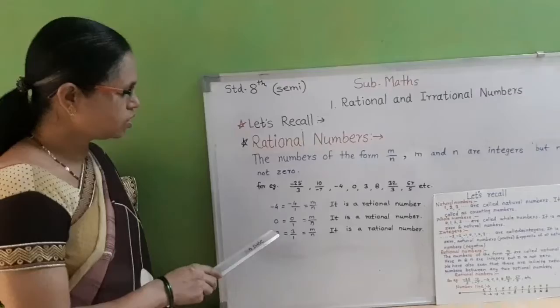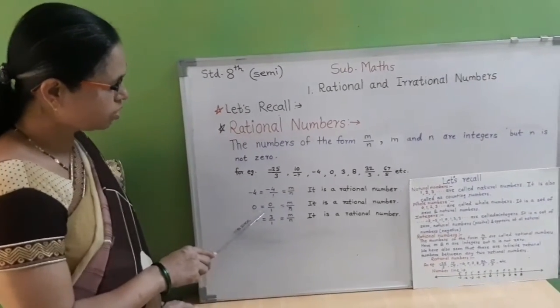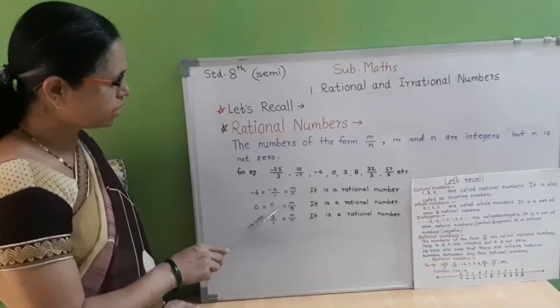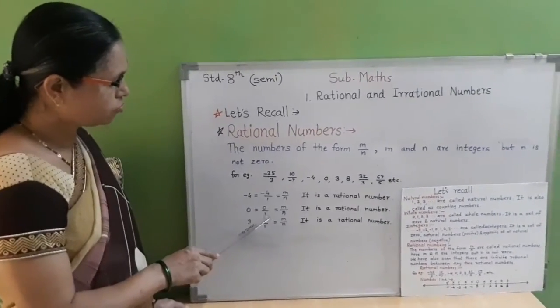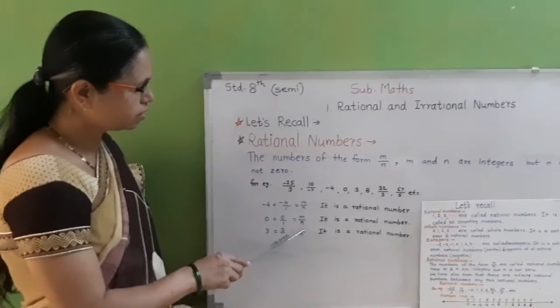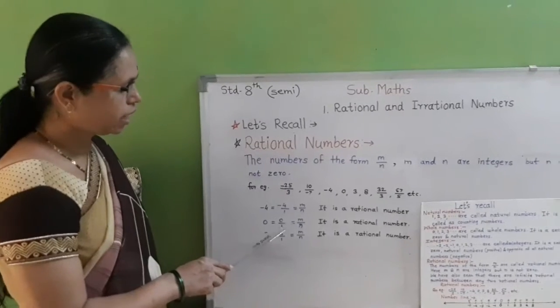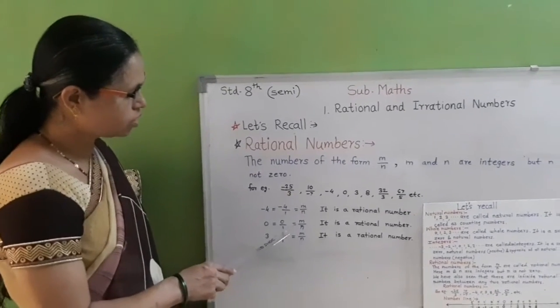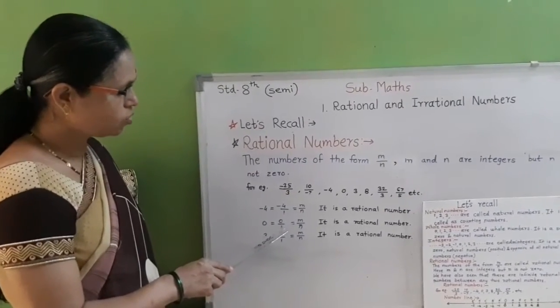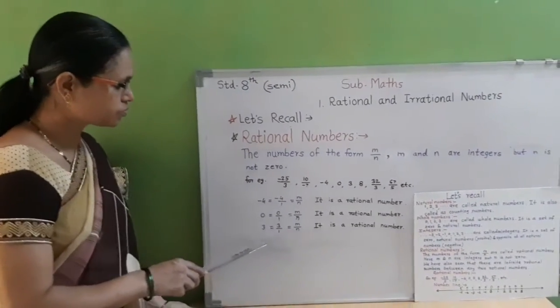Next example, 0. Is 0 a rational number? 0 can be written 0 by 1. This is in the form of m by n. 0 and 1 are integers and n is not equal to 0. Therefore 0 is a rational number.